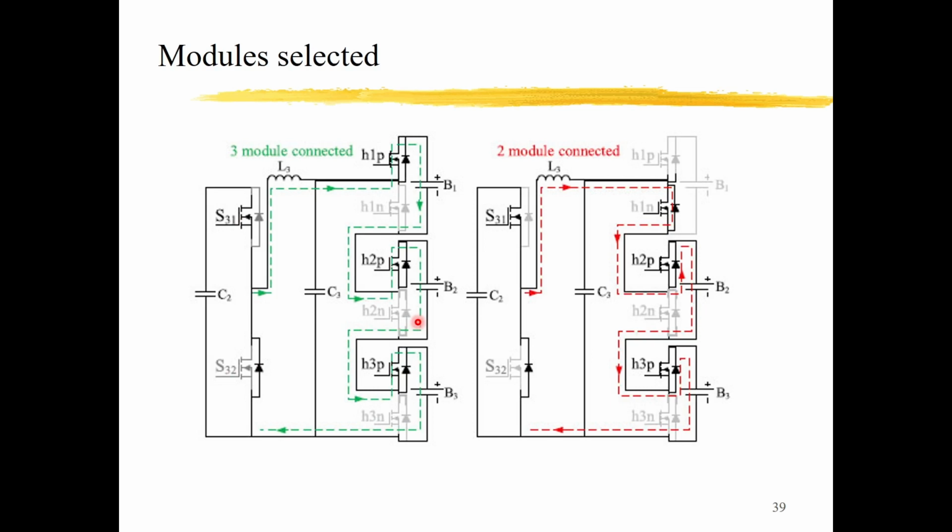And so by this method, we can charge the batteries we need to charge. That is, if the battery SOC is lower, then we can select it and charge those batteries. Okay.